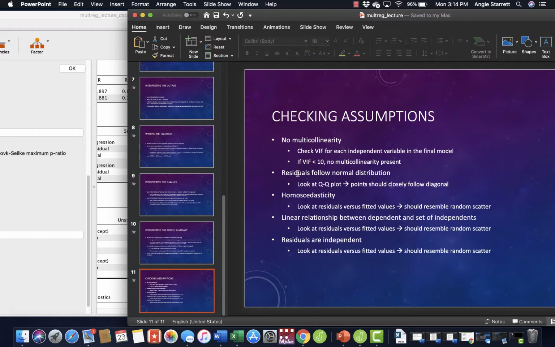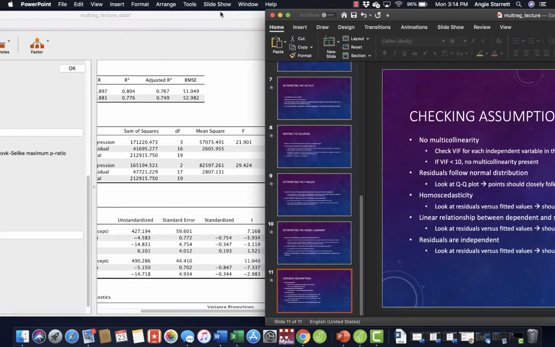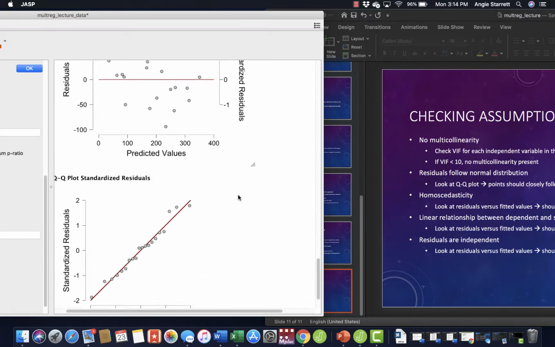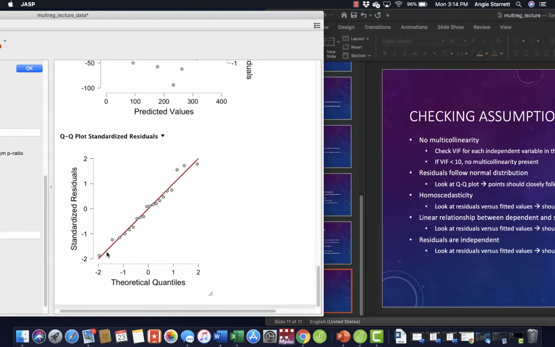All right, the big one I mentioned was that the residuals follow a normal distribution. This evidence comes from our QQ plot, so let's scroll down to it. We see this diagonal, this y equals x line, right through the middle of our graph, and these dots you see are our standardized residuals.